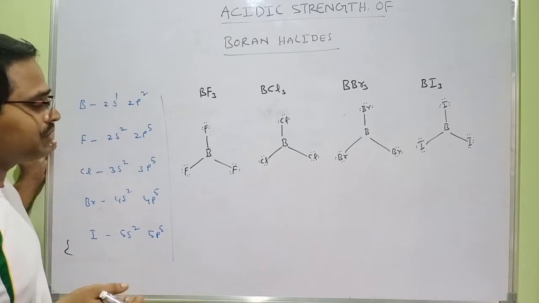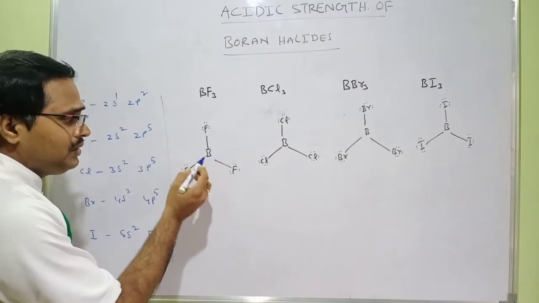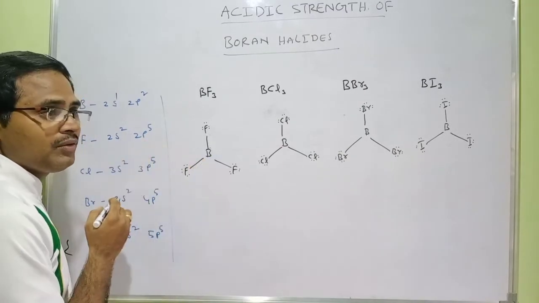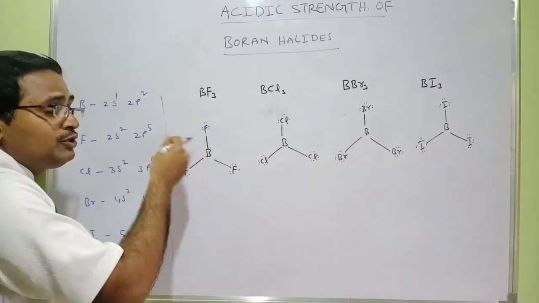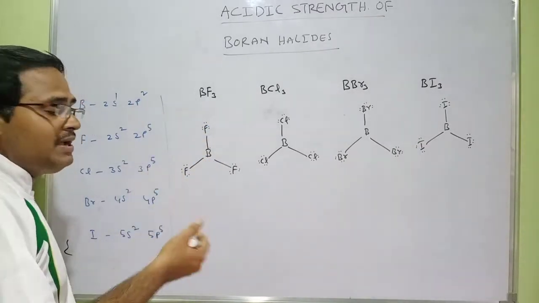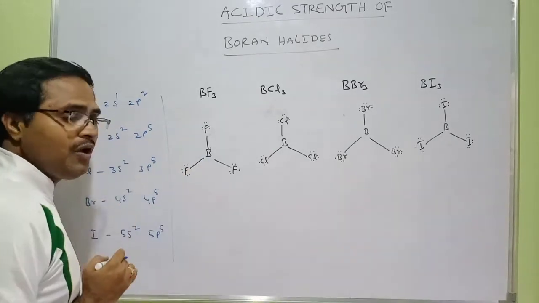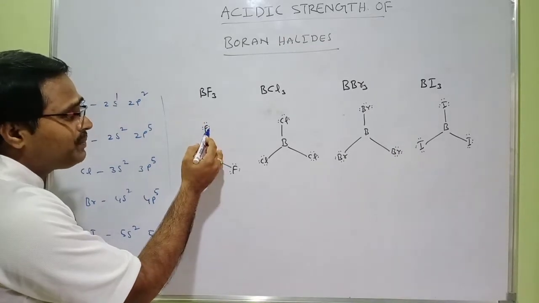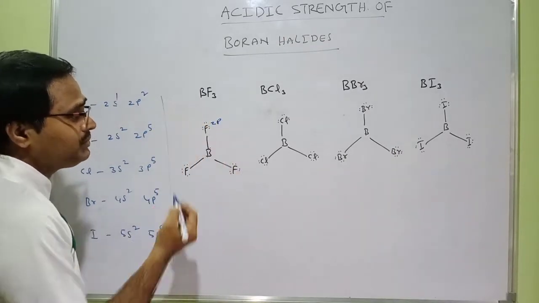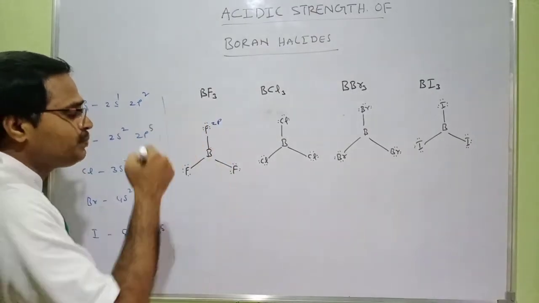Got it. Now let us see here. We know that there is an empty orbital present at boron, and fluorine is carrying 3 lone pairs, so it can donate at least 1 lone pair to the empty orbital of boron. Where is that lone pair located? The lone pair is present in the 2p orbital, because fluorine has a 2p orbital.